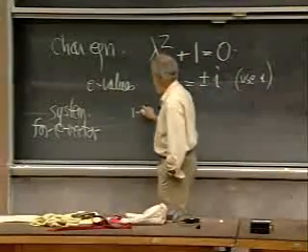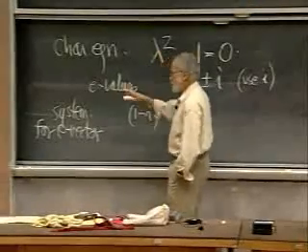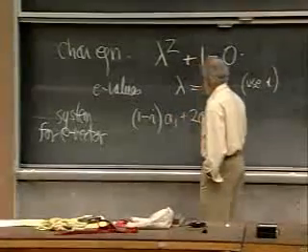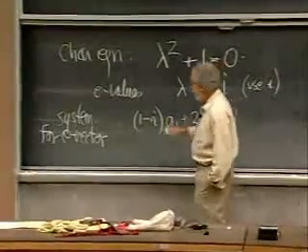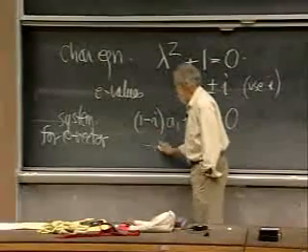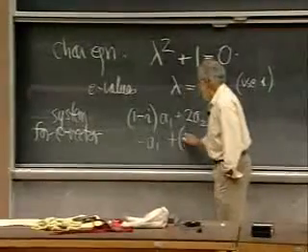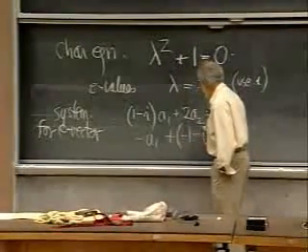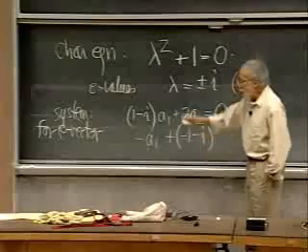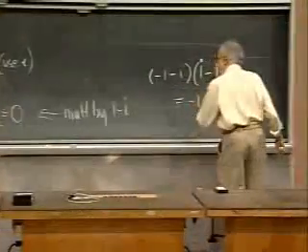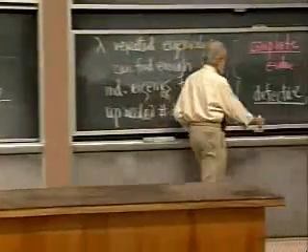So the system is (1 minus i) times a1 plus 2 a2 is 0. And let's, for good measure, write the other one down, too. It is negative a1 plus (minus 1 minus i) a2 is 0. Okay, then what's the solution?